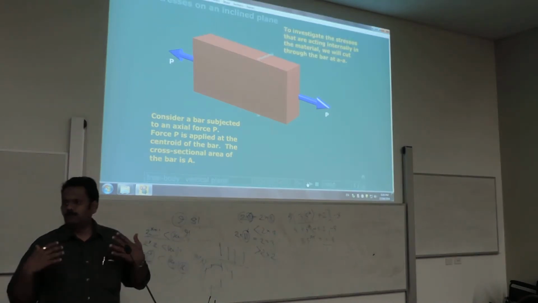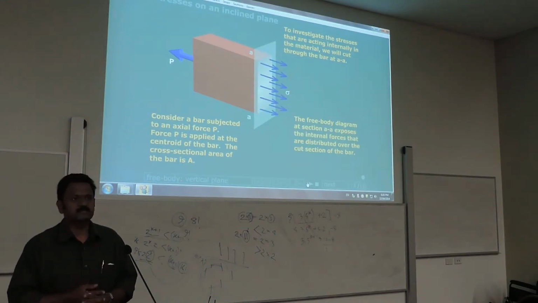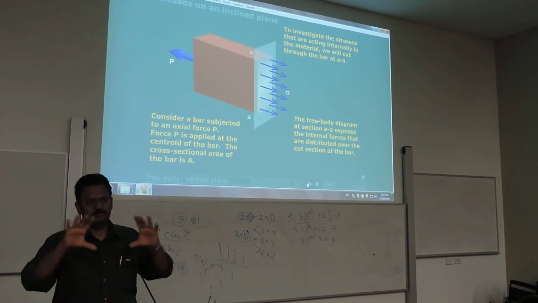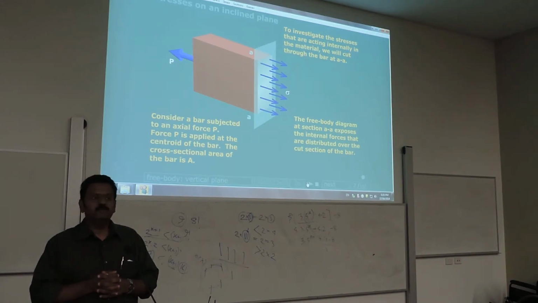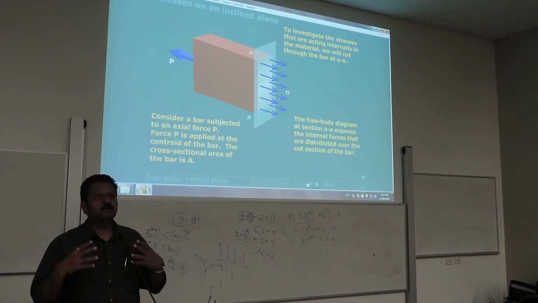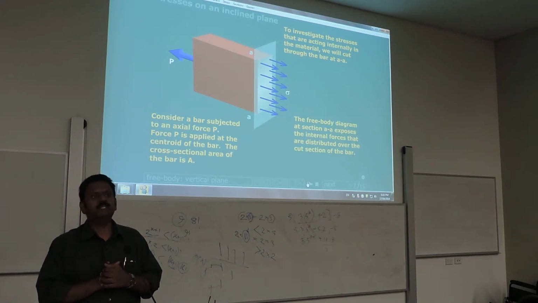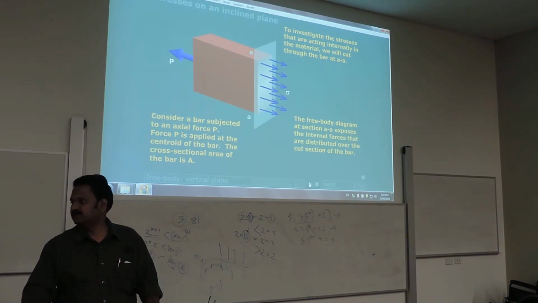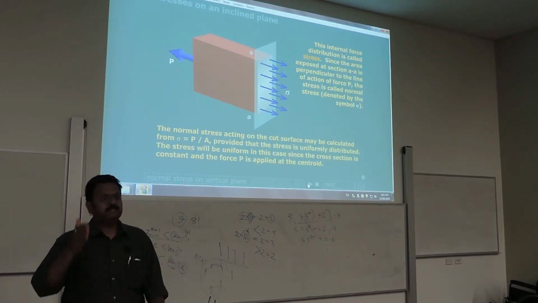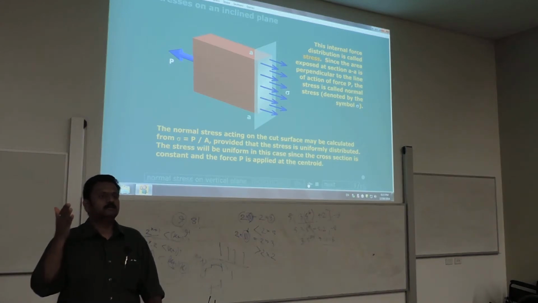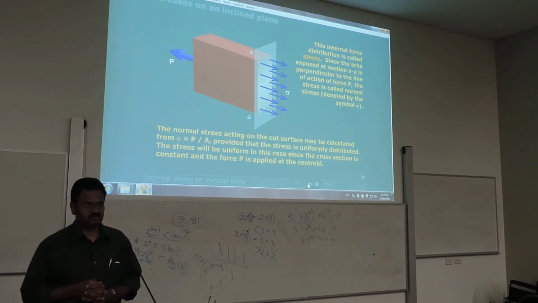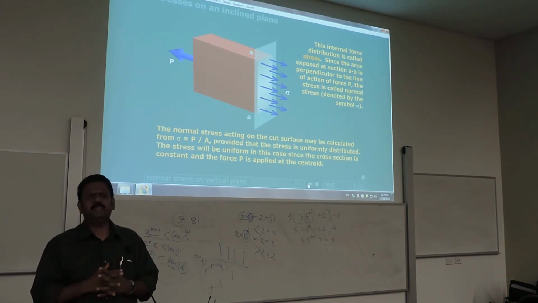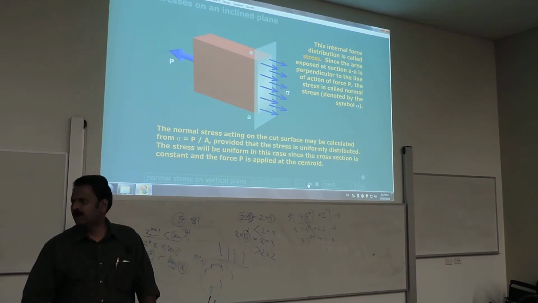What you have seen in the lab is when you take a cross section that is perpendicular to the face of the prismatic bar, you are able to quantify that as the normal reaction that the material is exerting to that load P. Can we quantify that by simply saying that it is the value of the load divided by the resisting cross section? So this is a very straightforward example of the direct normal stress.